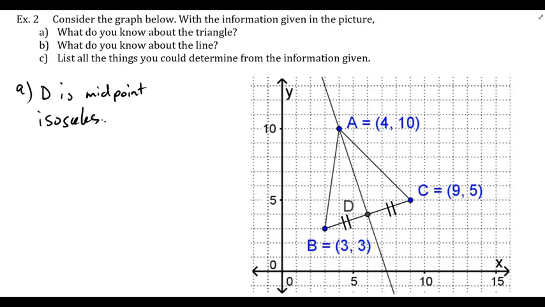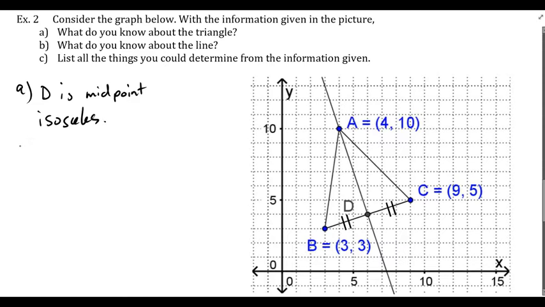We know that both sides are the same length, and the line that goes to the middle perfectly splits in half, so it's isosceles. Okay, good. A lot of people got that. That was good. That kind of came out of what we were doing yesterday, right? You can tell that this is an isosceles triangle.